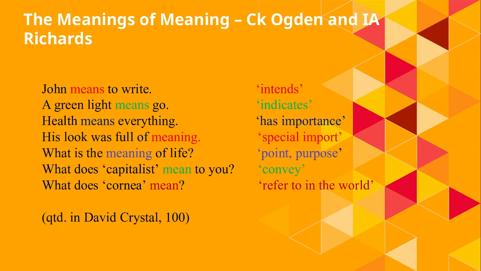In this, meaning conveys the sense of special import. That means his look was full of special import. In the question, what is the meaning of life? Here, meaning refers to point or purpose. We often say, what is the purpose of life? What is the meaning of life?